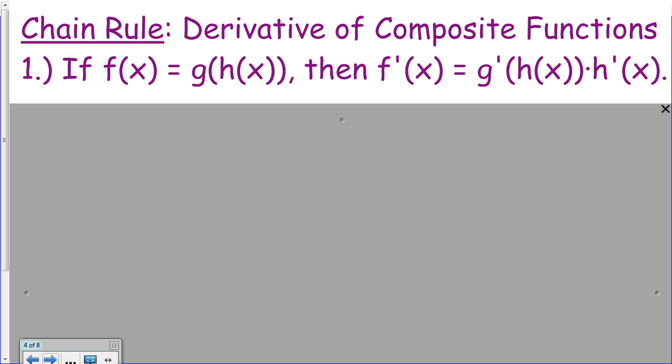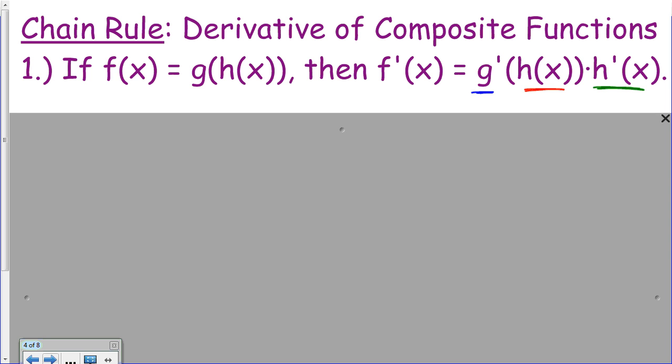So it's the derivative of the outside, evaluated at the inside, times the derivative of the inside. Think of that as three steps you've got to go through to find that derivative: derivative of the outside, evaluated at the inside, times the derivative of the inside. So think of chain rule as a three-step process.